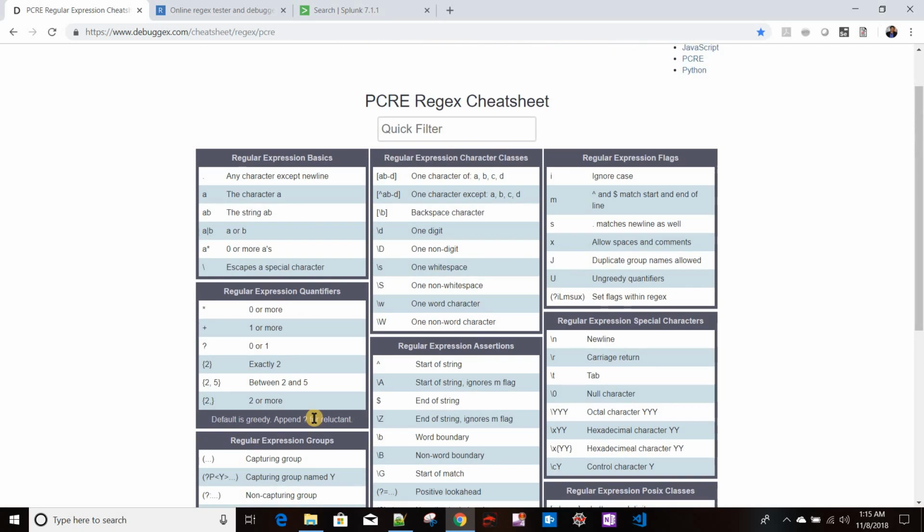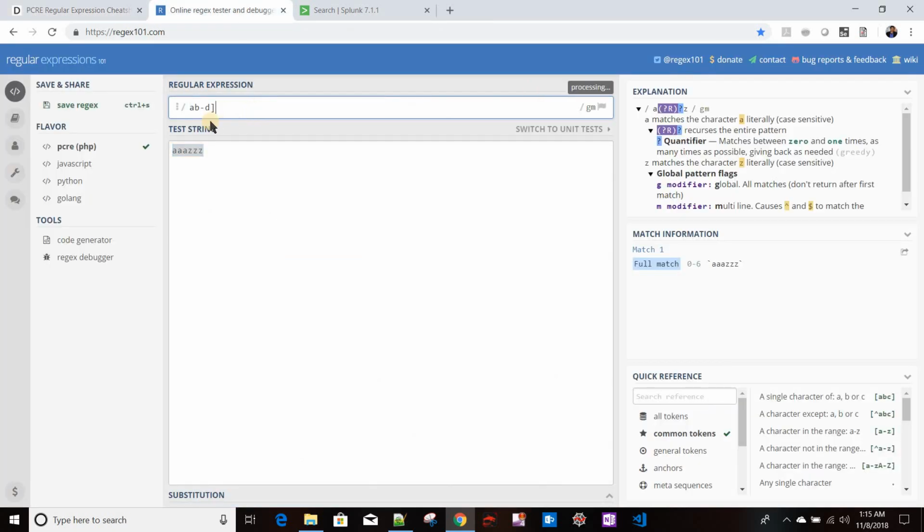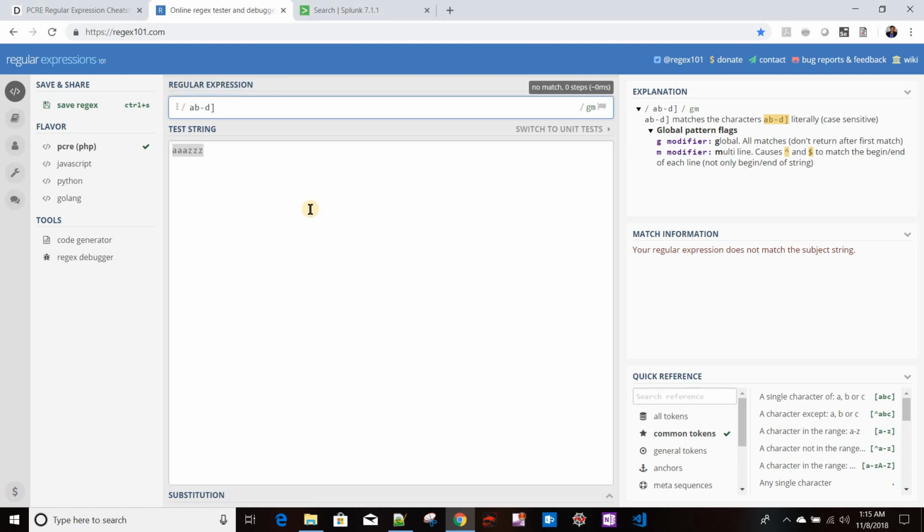Now let's move on to some basic concepts like character classes. If you have a regular expression like this, say a, b and d, it will be inside square brackets.